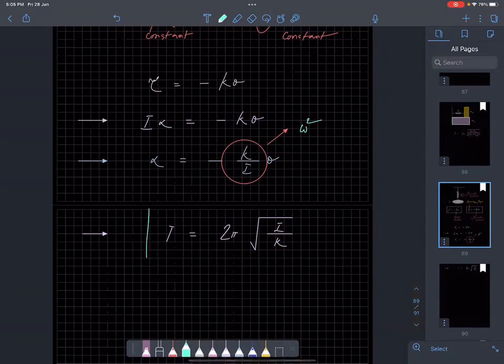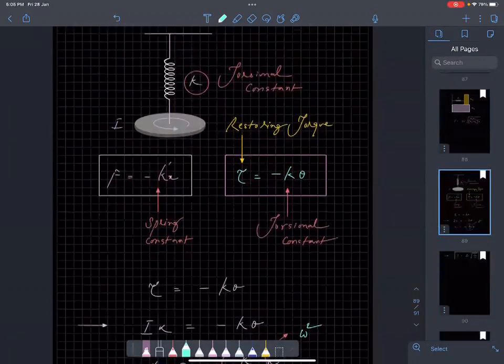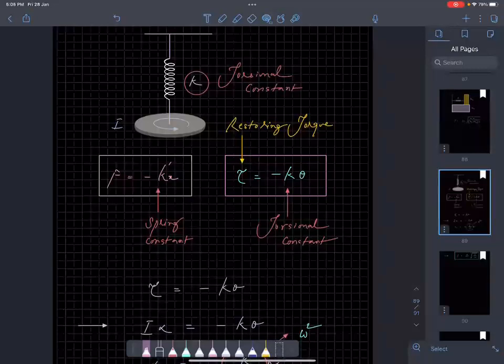Now I will be different for different situations. If he gives you a disc, you can write mr square by 2. If he gives you a rod attached at the center, you can write ml square by 12, and so on and so forth. Understanding?